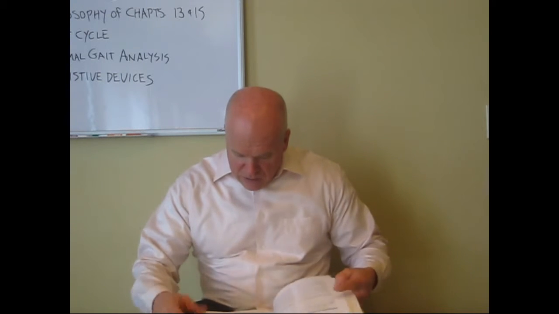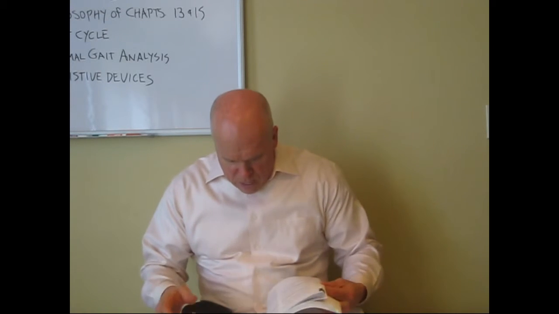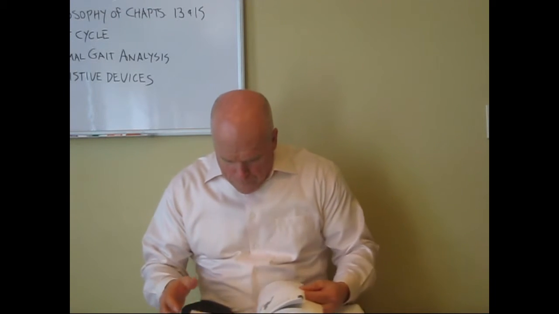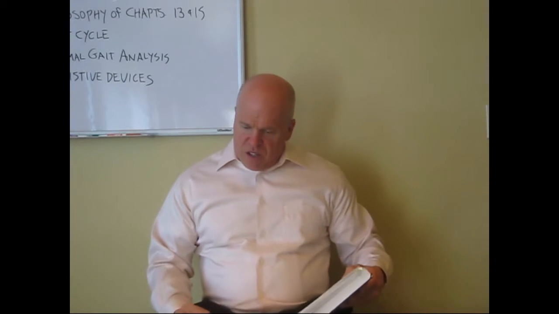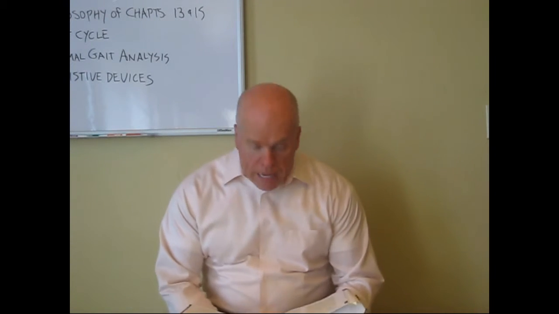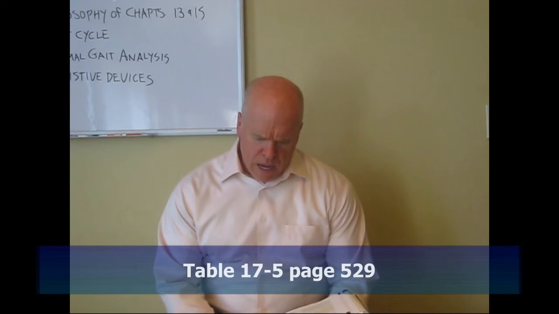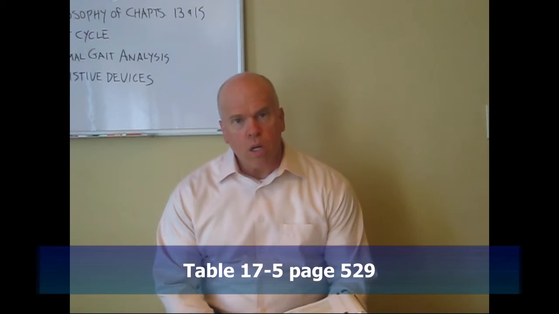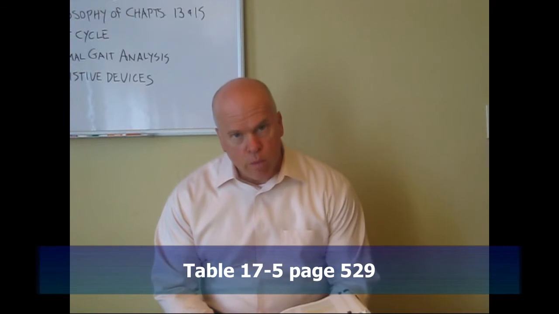What about chapter 17? Let's go to chapter 17 and talk about permanent impairments there. This is on page 529, table 17-5, which provides for lower extremity impairment due to gait derangement.